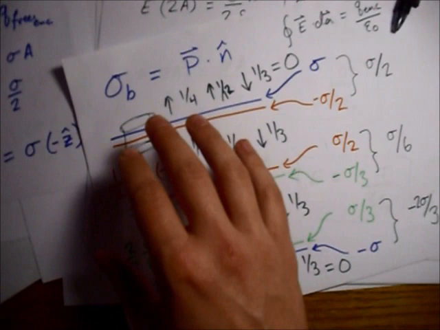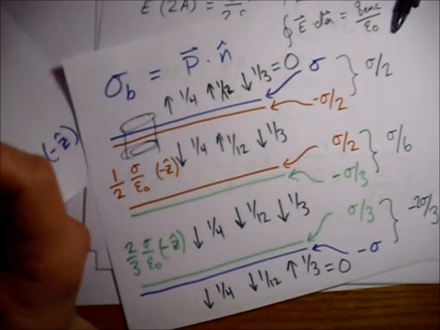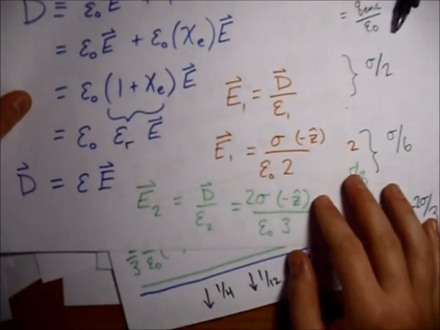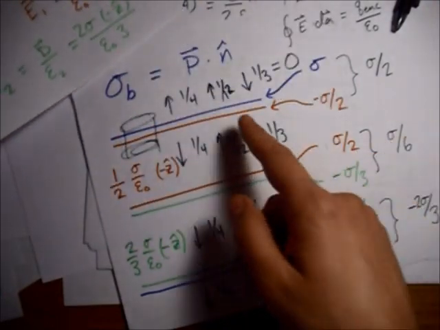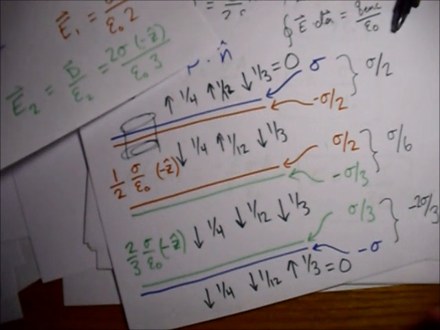Let's go back and compare to what we found before. All right, here they are, E1, E2. Right, we already knew that the electric field was 0 out here because the whole thing's neutral, right?